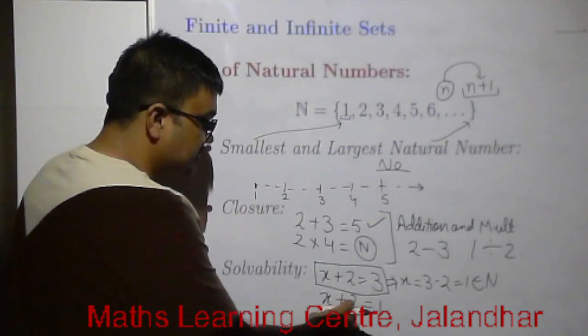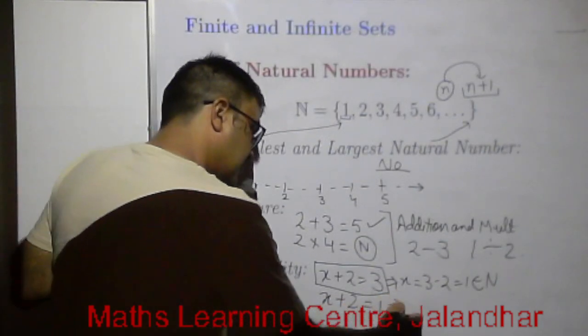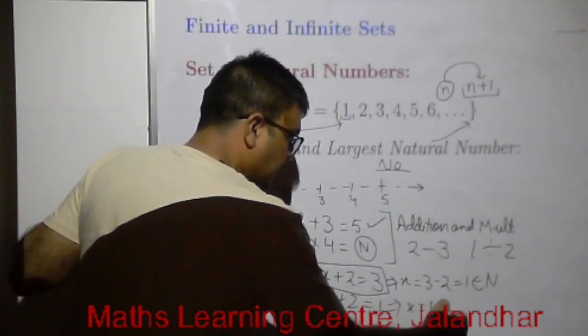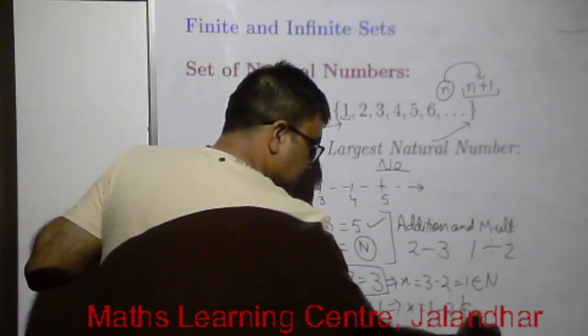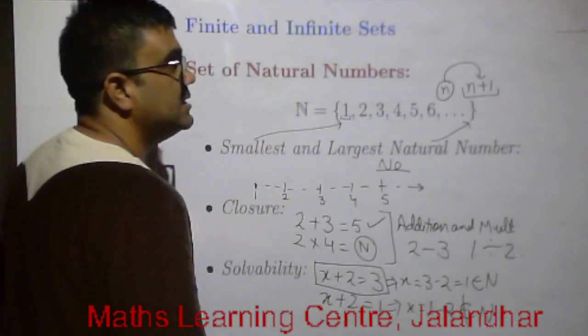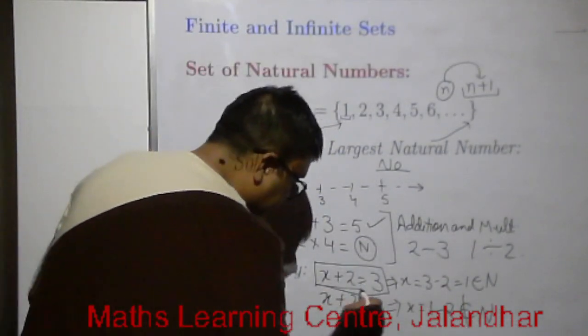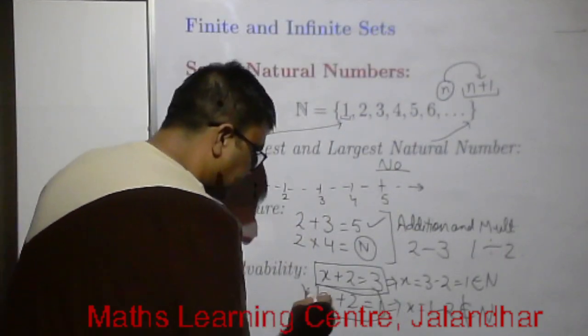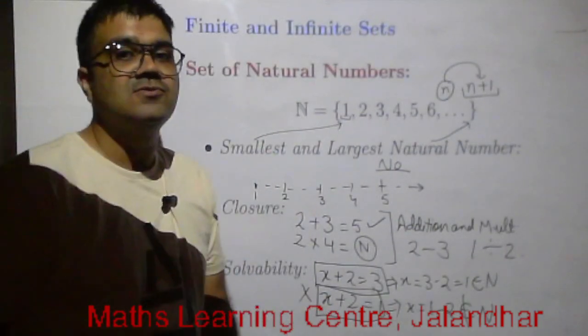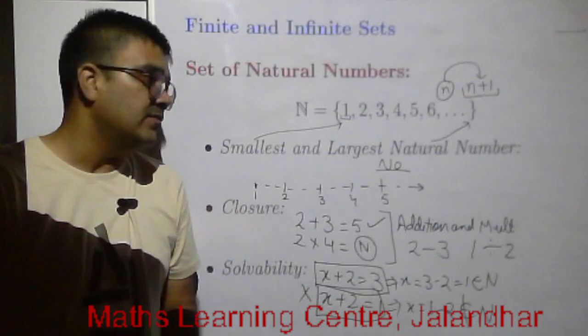In the second case, x plus 2 is equal to 1, we have x is equal to 1 minus 2, and this does not belong to the set of natural numbers. So we are saying that the set of natural numbers is not sufficient to solve this kind of equation.